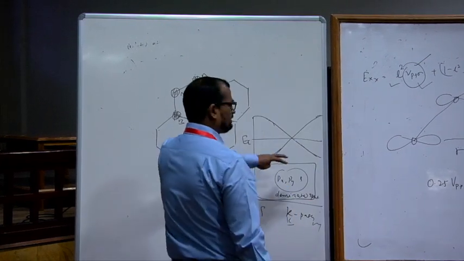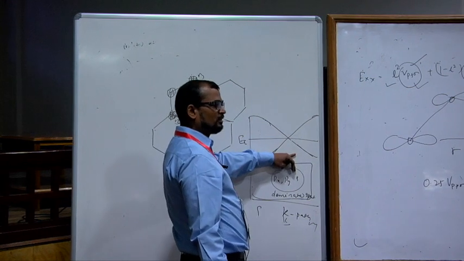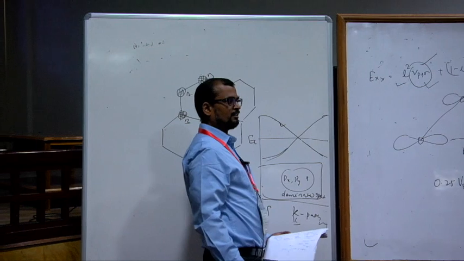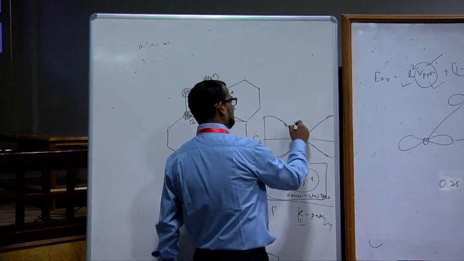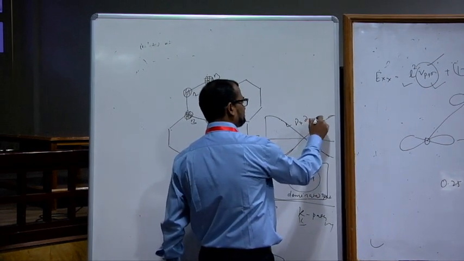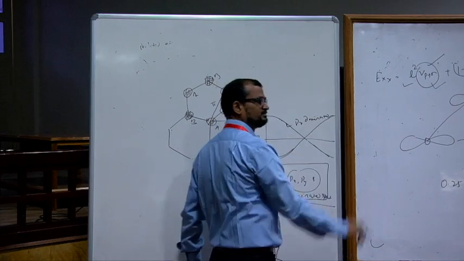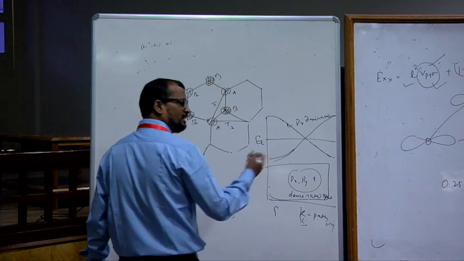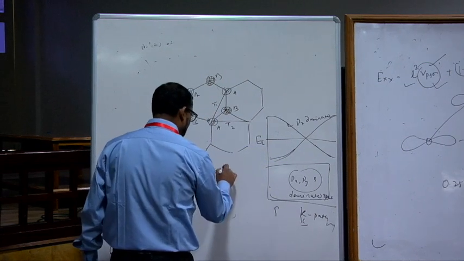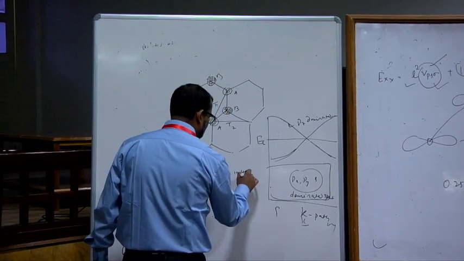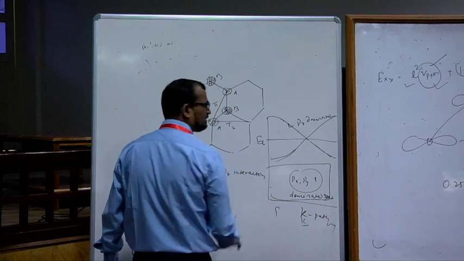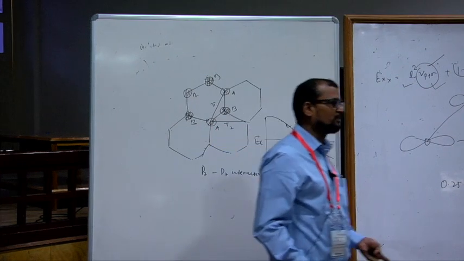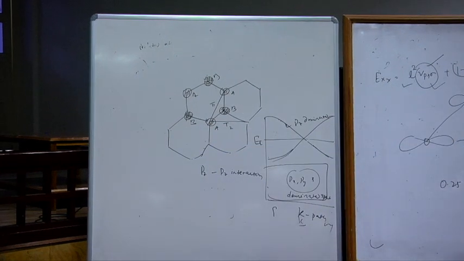A general electronic picture at the Fermi level is well defined by examining these states. You will find that these states are Pz dominated, so I will just work on my Pz-Pz interaction. If I can reproduce this picture, then I have understood the physical mechanism behind its formation.